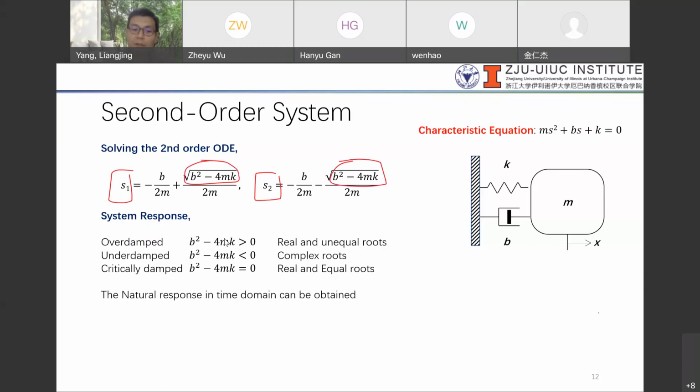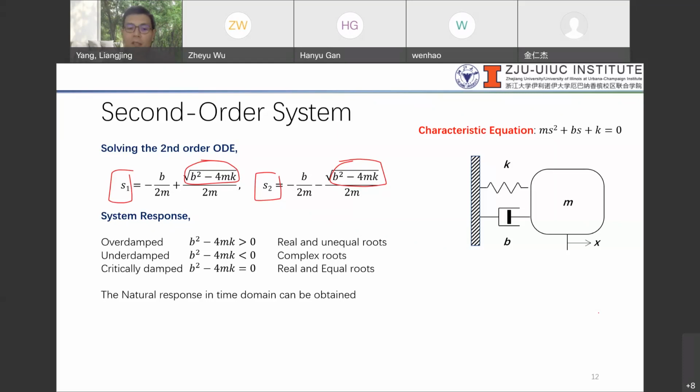All right. So imagine if you're going to have this part being positive. If this part is positive, meaning you will have real and unequal roots, because no imaginary number is involved in this case. Of course, if you square root something negative, then you will have to start to worry about complex roots, right?